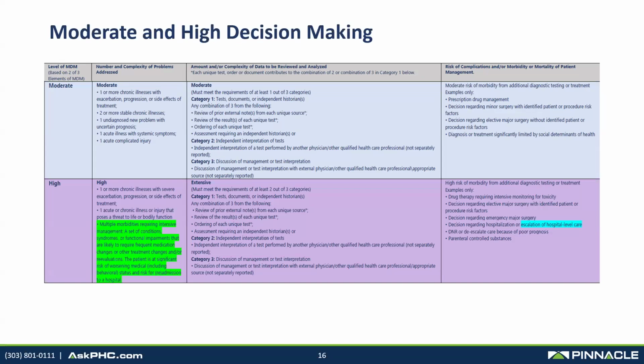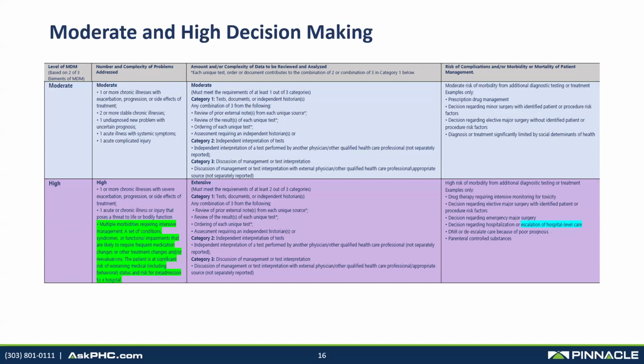And then the risk of complications of morbidity or mortality during that patient management. And this could be prescription drug management. This could be decision regarding a minor surgery with identified patient risk. Decision regarding elective minor surgery without the patient having any identified risk factors, or the diagnosis or treatment significantly limited by social determinants of health.